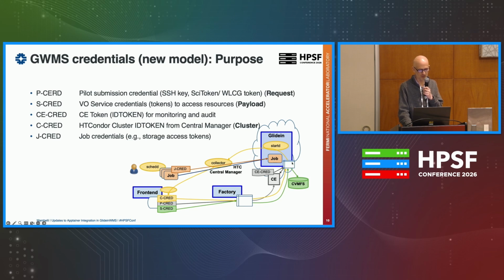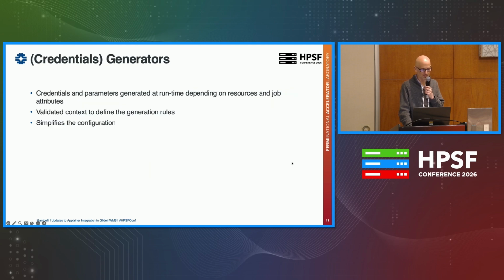And then the jobs can also provide extra credentials, sometimes used for storage. The generators allow us to create credentials dynamically at runtime, depending on resources and job attributes. We use this, for example, because a factory or a front end can submit jobs to a big list of sites, and a lot of the time tokens last only a few minutes, or an hour.